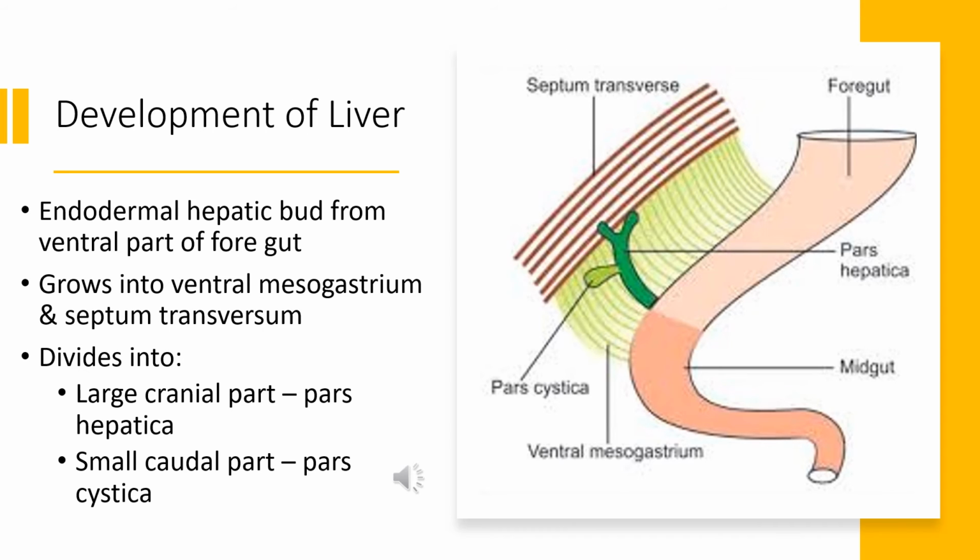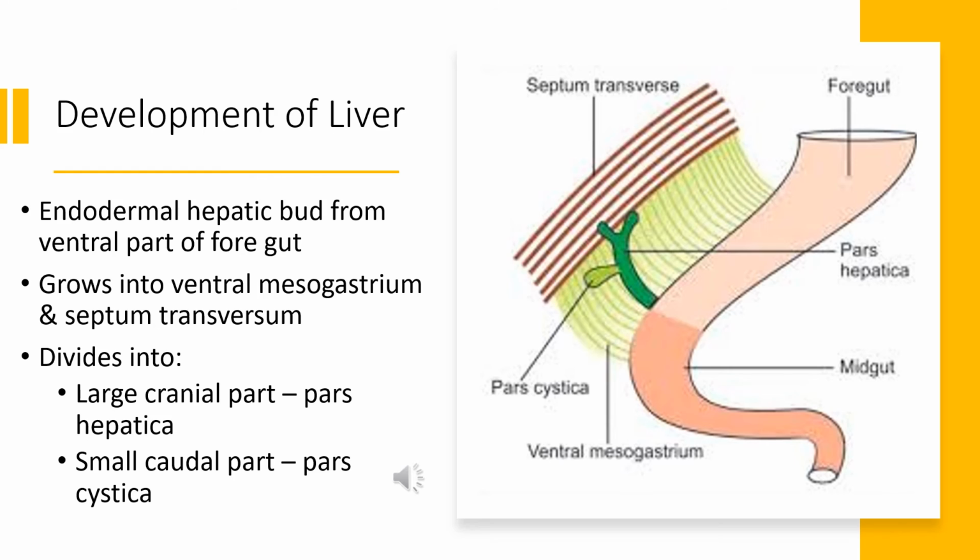And this occurs during the middle of the third week of development. What happens later is that this particular hepatic bud grows into the ventral mesogastrium, which you have seen earlier, and through the ventral mesogastrium, it grows into the septum transversum.